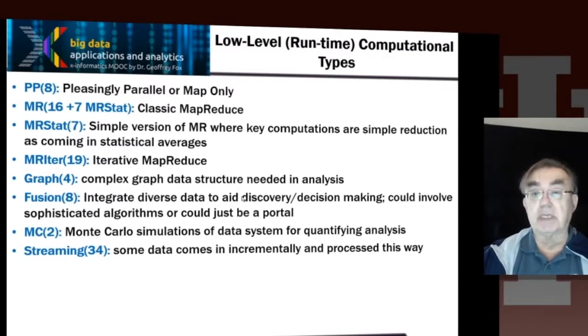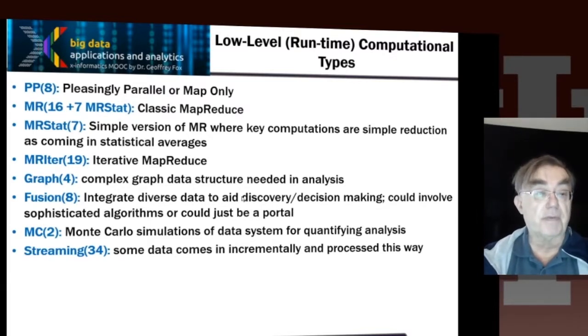When you look at the runtime or the computational structure of these problems, we introduce the following types of classification. One important class is PP, pleasingly parallel, or sometimes embarrassingly parallel, or, if you're thinking from a MapReduce point of view, the map-only category.